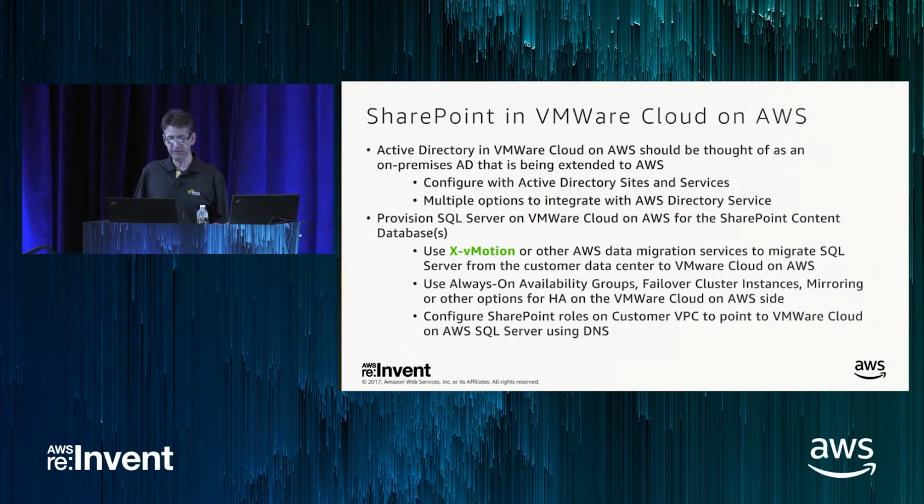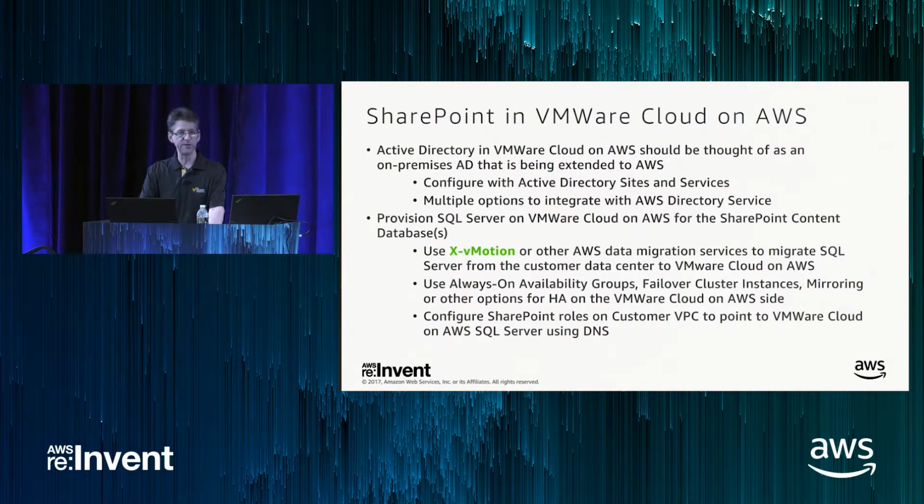So using vMotion, like my diagram in the very beginning showed, you can move SQL Server, the operating system of SQL Server and the SQL Server data volumes. You can just lift and shift SQL Server directly to VMware Cloud on AWS. And it's an option that makes that a little bit easier.